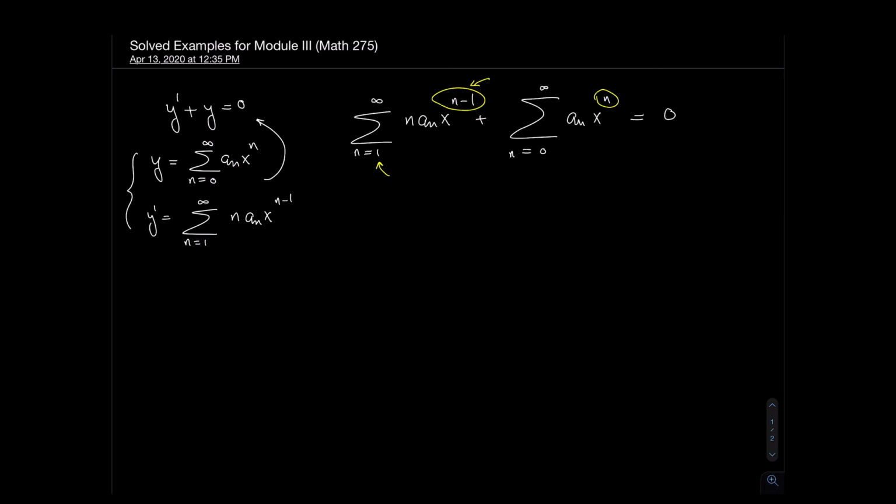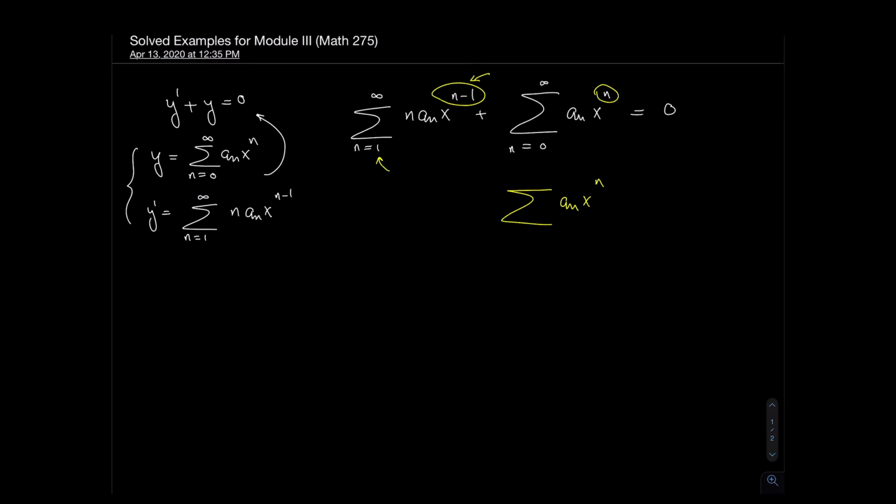So I'm going to keep the second one as is, a_n x to the n, as n goes from 0 to infinity. And then for the first one, I'll add 1 to n in the argument, so it'll be n plus 1, a_(n+1), and x to the n. And from the index, I subtract 1, so it goes from 0 to infinity. So now I have the two power series in which both of them start at 0, and the powers of x match.